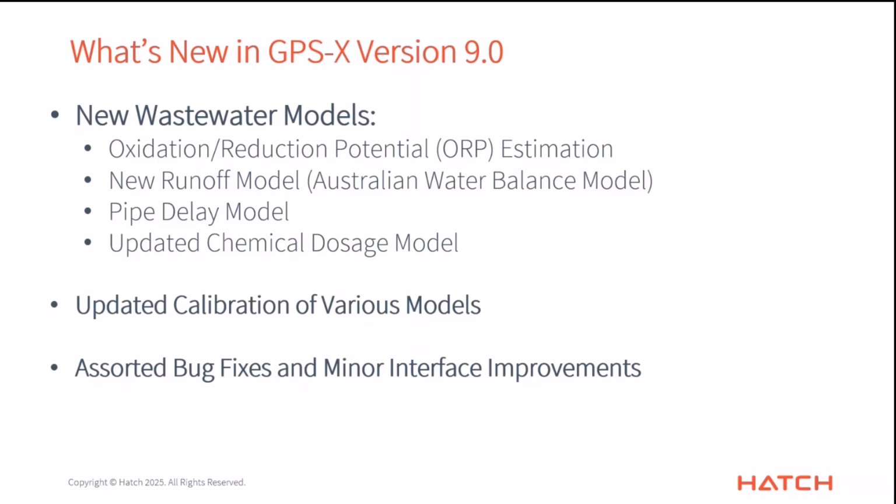Some things to have a hydraulic delay in the plant and some updates to our chemical dosage model. And then we've updated the calibration of the GPSX models in several ways. Some of these are very minor and very specific, and there's a couple of them that I'll talk about next month that are done for a specific reason.